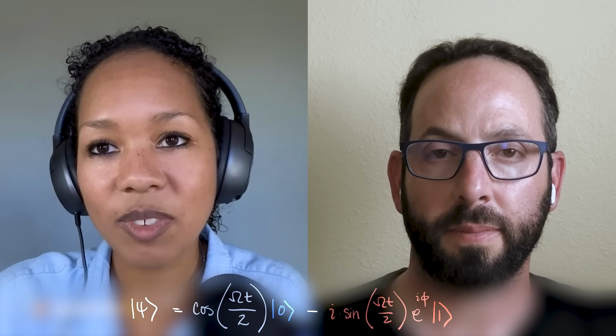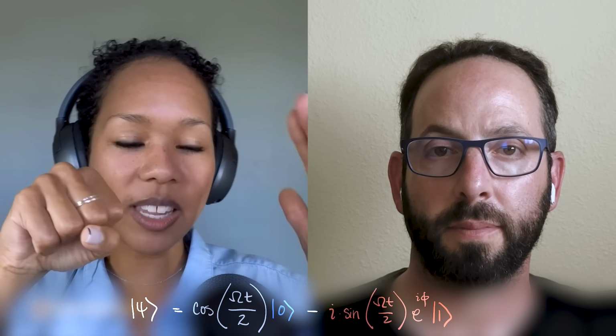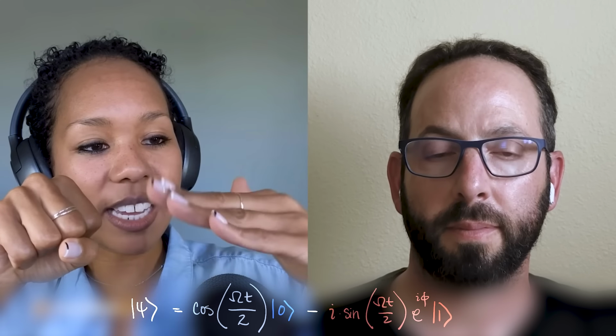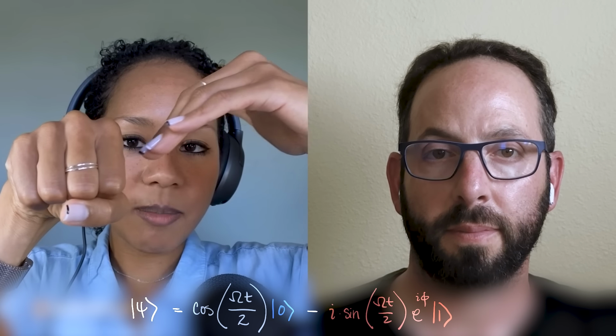Over here, you see e to the i phi. This is just a number. This Greek sign phi is relating to the initial displacement of your laser to the atom's position. So I think that's like, here's my laser, it looks like a wave. At what angle is it hitting my ion?